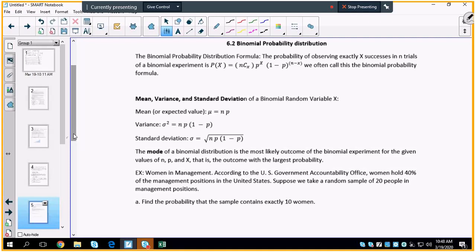The formula for finding the probability of the random variable value for a binomial distribution is n choose x, that's the combination formula, times probability of success p to the power number of successes, times probability of failure 1 minus p to the power the number of failures n minus x, where n is the number of trials.